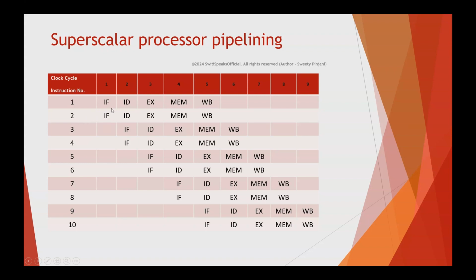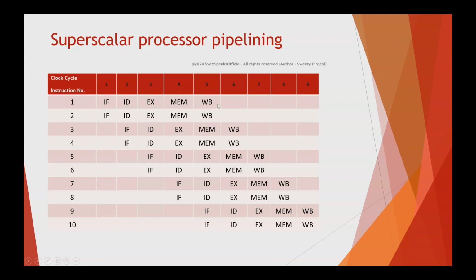Take the example of integer and floating point: say this is an integer instruction and this is a floating point instruction. Both of them are being fetched together and executed in parallel. The same happens with instructions 3 and 4, and with 5 and 6.